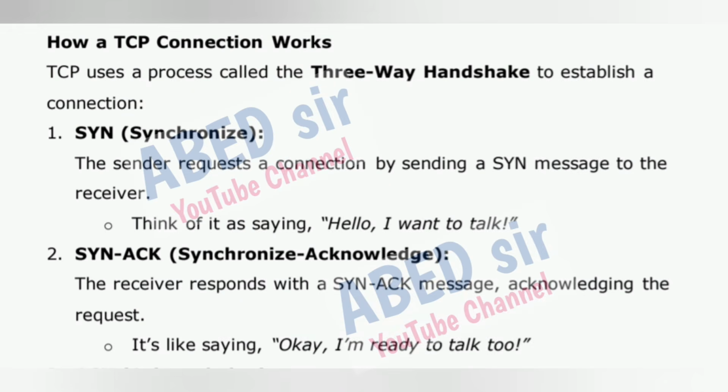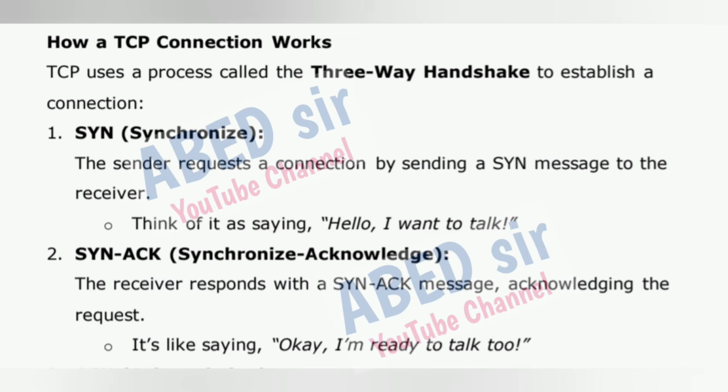How a TCP connection works. TCP uses a process called the three-way handshake to establish a connection. 1. SYN, synchronize: the sender requests a connection by sending a SYN message to the receiver. Think of it as saying, "Hello, I want to talk." 2.